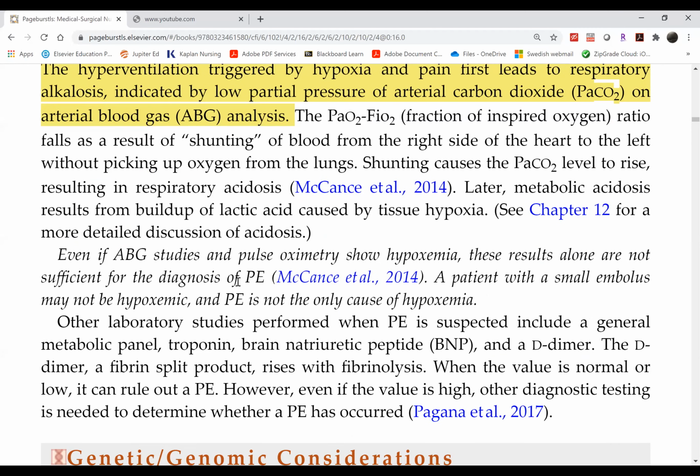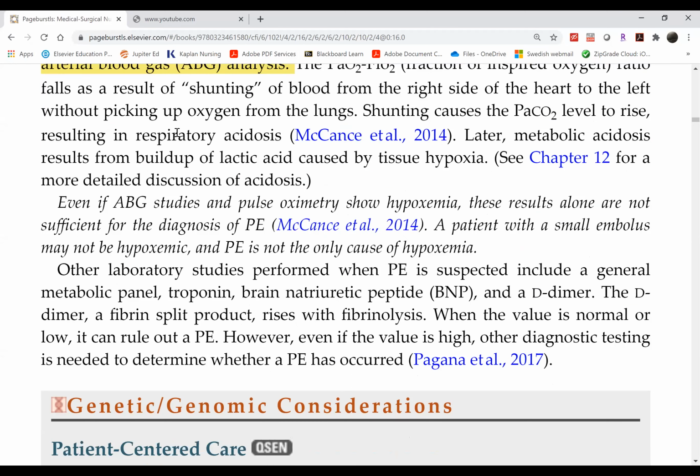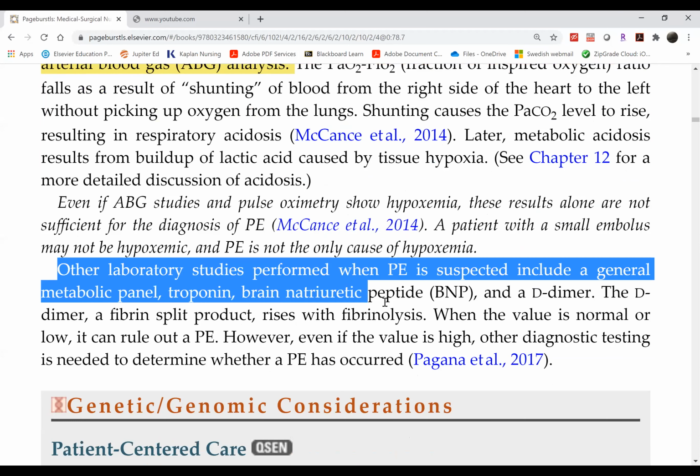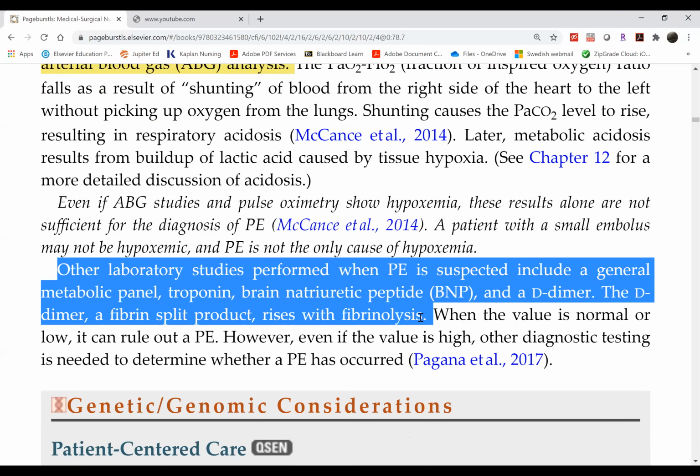The first is we draw ABG. That's arterial blood. Venous blood, we will have these tests right here. Let's look at them one by one. Again, a patient having a heart attack, heart failure, a dysrhythmia, COPD exacerbation, or a chest trauma, pneumothorax, for instance, will show exactly the same.